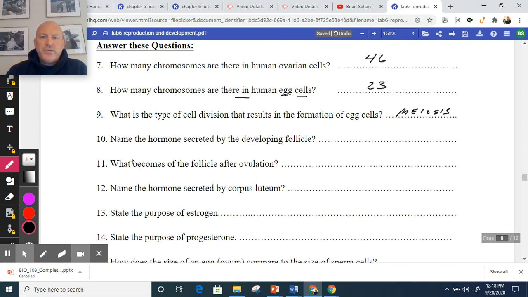The hormone that is secreted by a developing follicle is estrogen. What becomes of the follicle after ovulation?